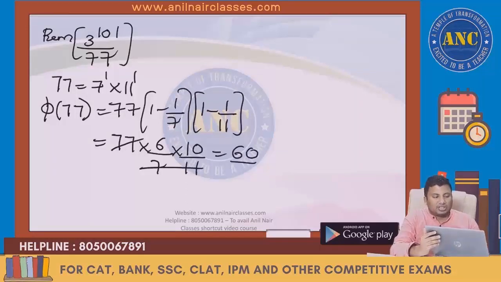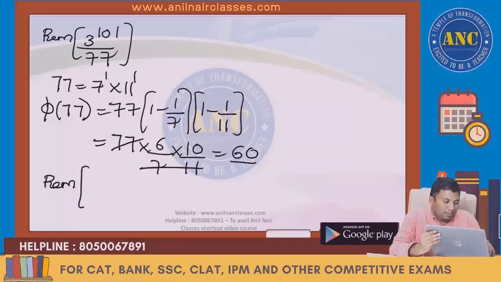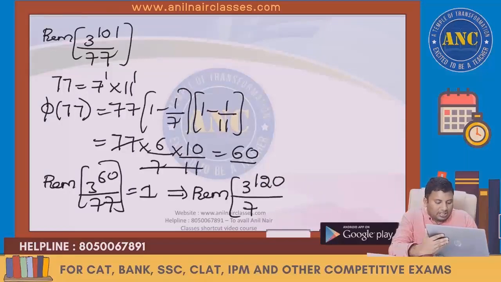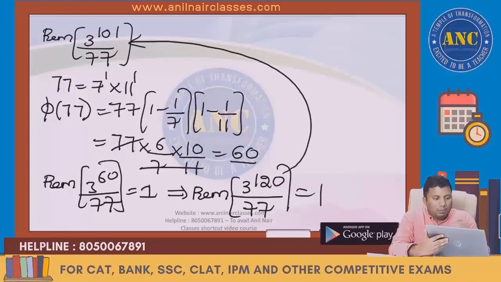So 3 power 60 divided by 77 leaves remainder 1. What is the next multiple of 60? 3 power 120 divided by 77 is also 1. But the question is 3 power 101, so 19 steps I have to go back.